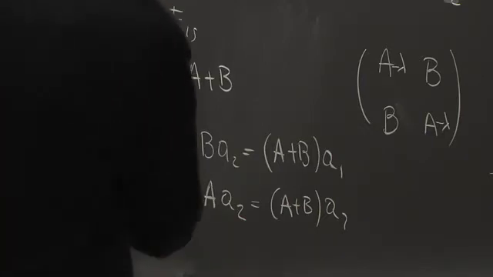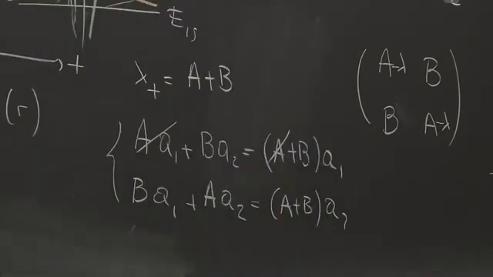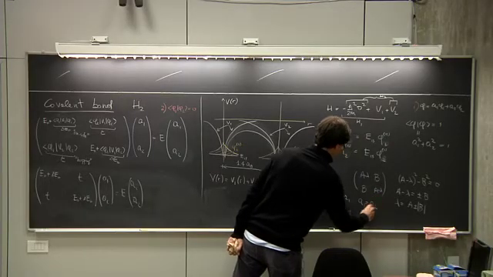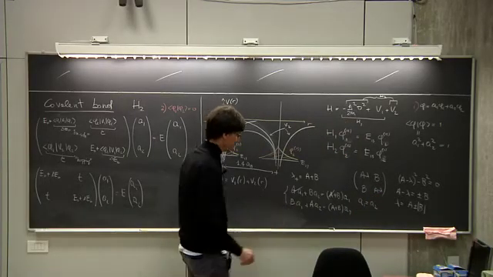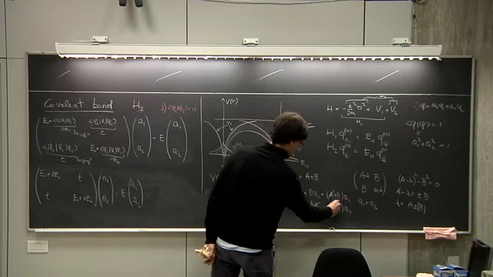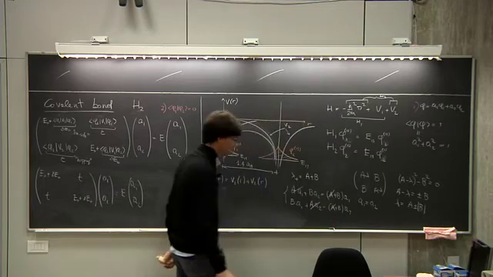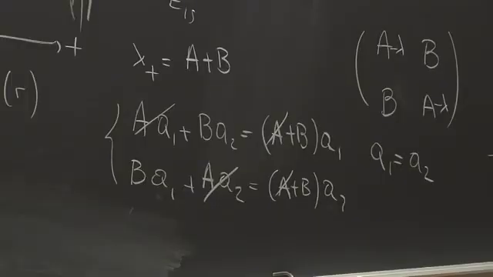Okay, so here I have this one disappears, right? So I have that A1 has to be equal to A2. And obviously the same here, right? This disappears, and so A1 has to be equal to A2. So that's the same solution.